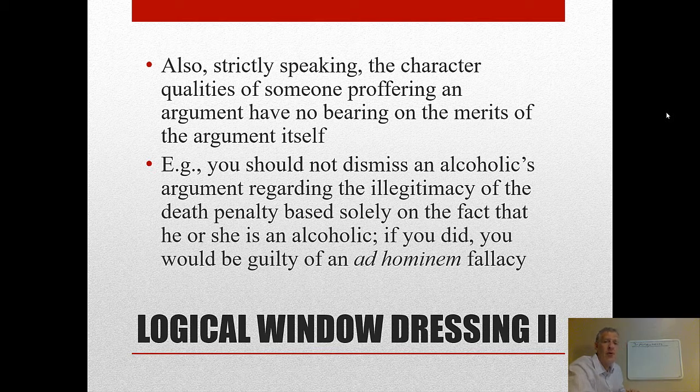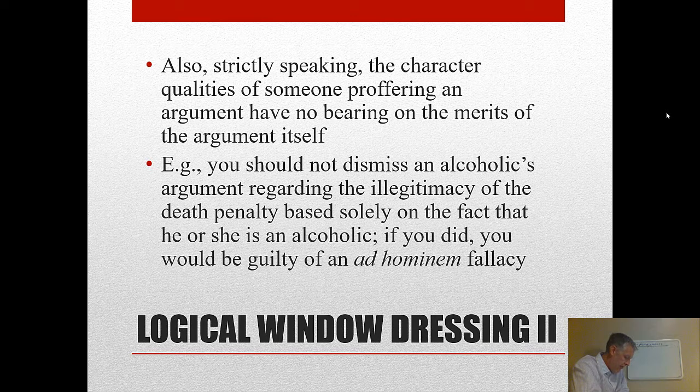He might be the world's most evil, most despicable person, and yet offer the world's best arguments for or against the death penalty nonetheless. So again, our job is to not be swayed at all by these extraneous factors. And it's a lot harder than it seems. We all like to think that we're not guilty of being swayed in these ways, but they're very common.